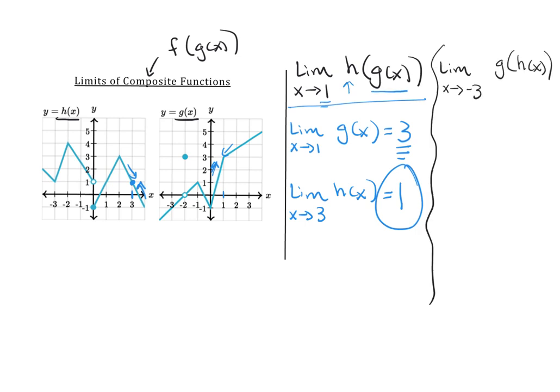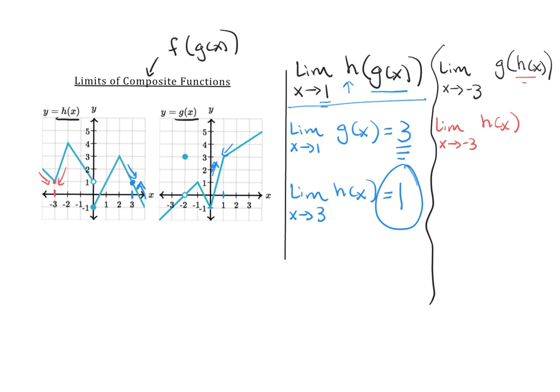Okay, let's do another example. Now we're approaching -3, and it's g of h of x. Let's think about that inside function first. The limit as x approaches -3 of h of x. All right, -3, what is it approaching? Okay, they're both approaching 1.